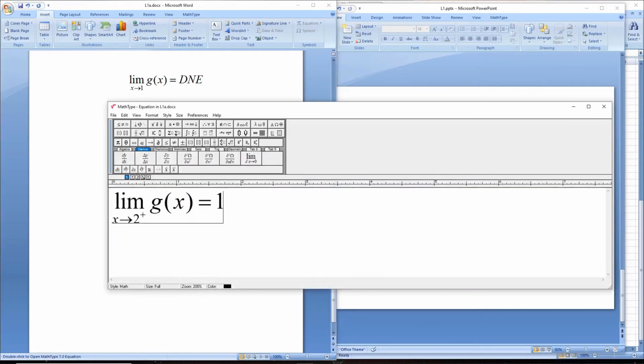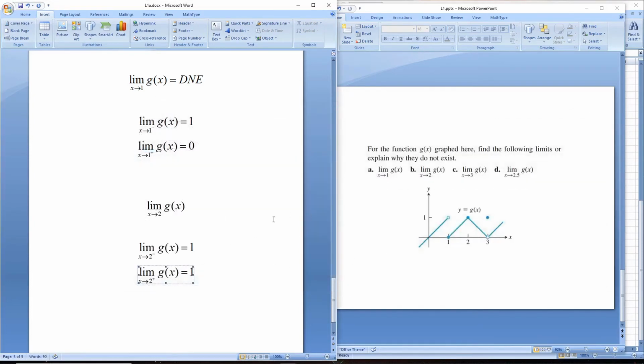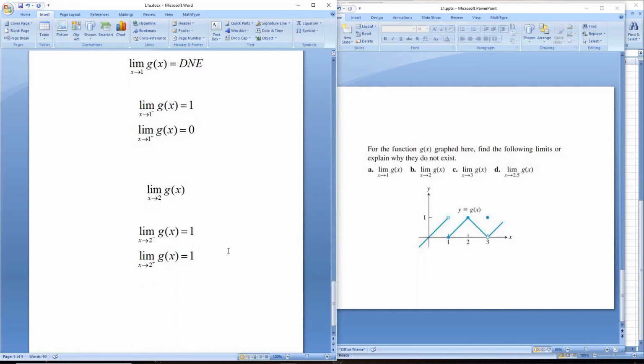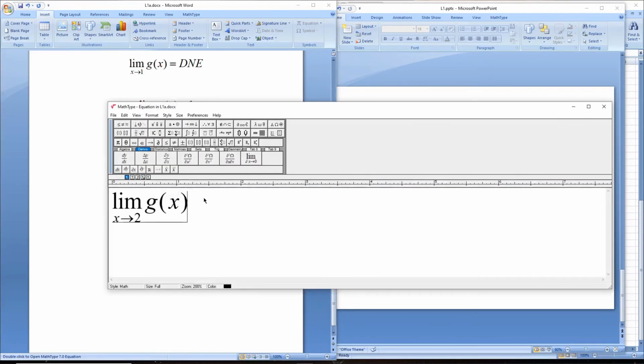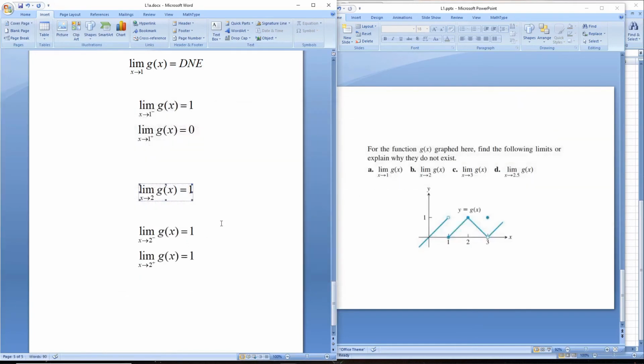And so this limit is 1. And now we recognize the left and the right equal. Since they equal, then the two-sided limit will then equal that number. And so our answer for part B is 1.